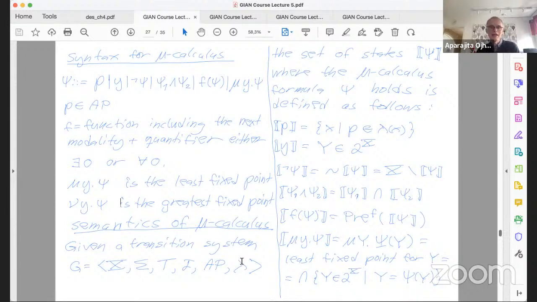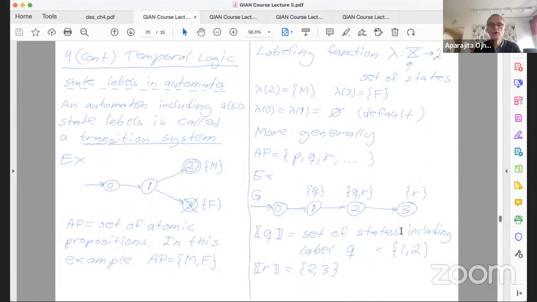So given a state, the labeling function tells which atomic propositions are true or included in this state. So lambda of 0 is empty, lambda of 1 is Q, lambda of 2 is Q, R, and lambda of 3 is the set R.